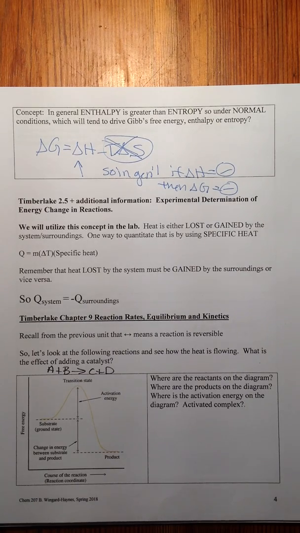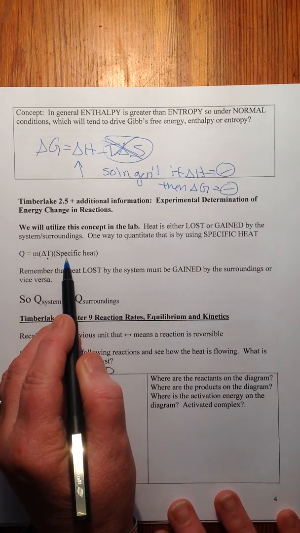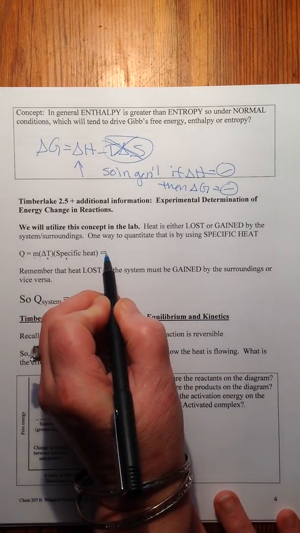Now, another concept that we're going to look at is heat transfer, and we're going to look at this in the lab. In general, heat flow is going to equal m times the change in temperature times specific heat. Now look at the units.